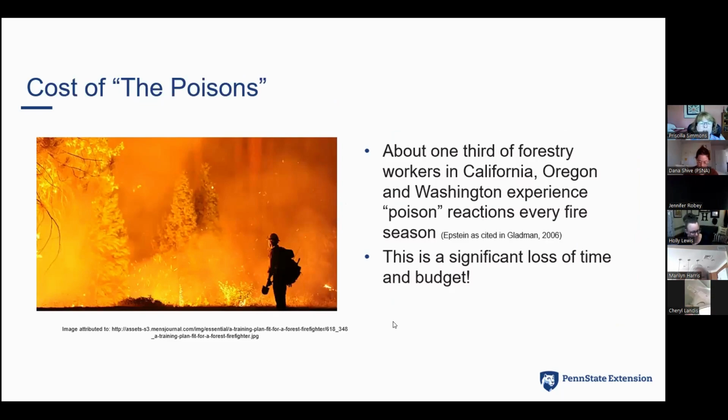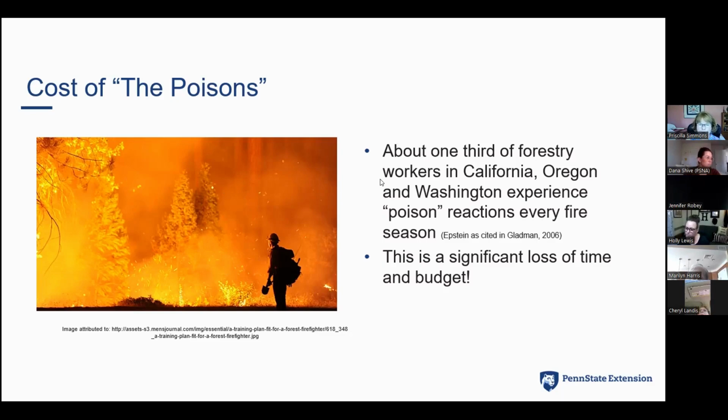The cost of these poisons is huge, particularly in the forestry industry, where burning poison ivy or poison oak aerosolizes the oils into the smoke. And when people inhale this smoke, they can have a severe systemic allergic reaction.